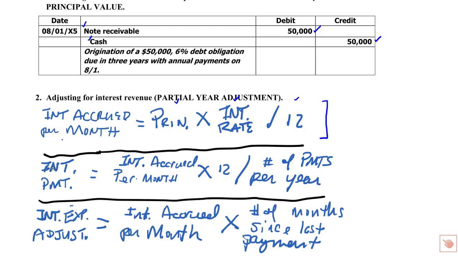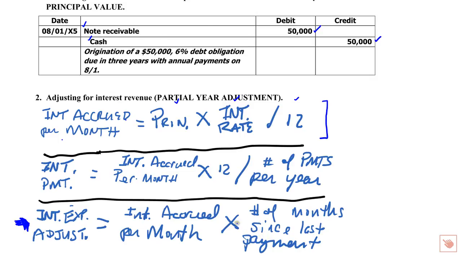If you want to determine interest payments, you take the interest accrued per month times 12 and divide that by the number of payments per year. If you want to find the interest expense, which is the one we're interested in most of the time, you take the interest accrued per month times the number of months since the last payment.